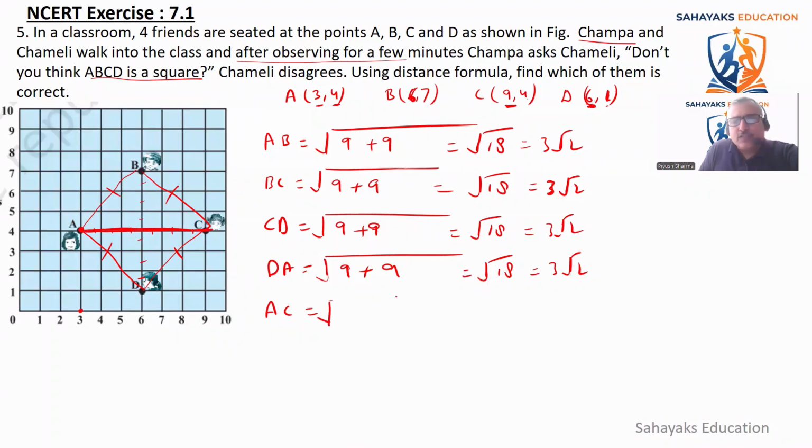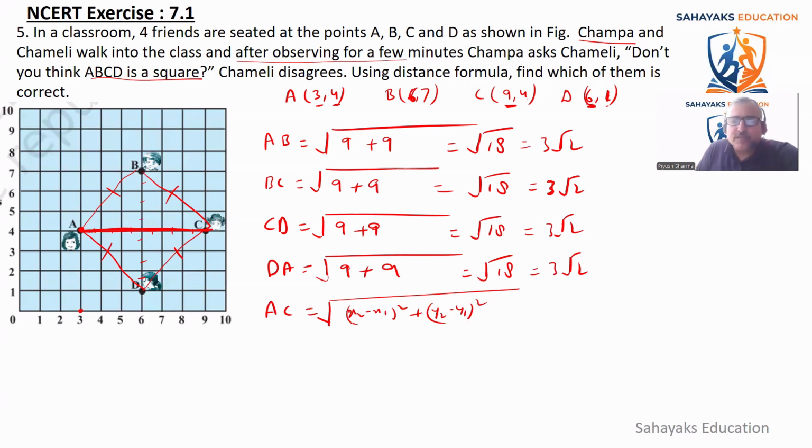First of all, we should write the formula. I've not written the formula anywhere here, but please ensure to write the formula and then put the values. So AC is equal to square root of x2 minus x1 whole square plus y2 minus y1 whole square.